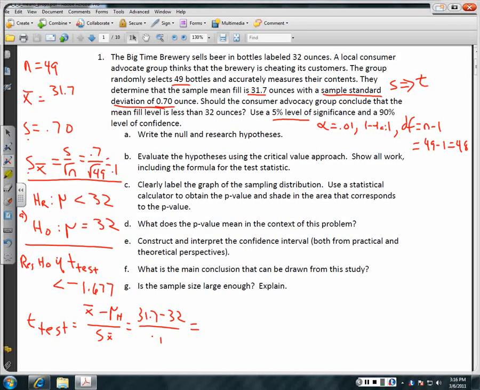That's going to be minus 3, which is less than minus 1.677. So we reject H0 and conclude that mu is less than 32.